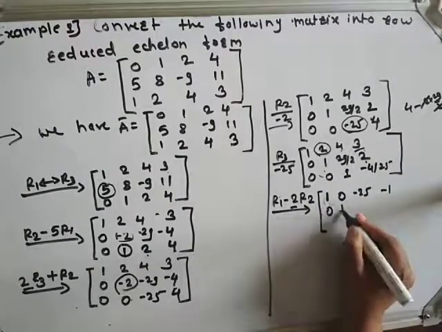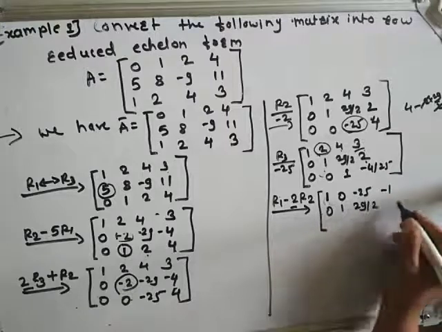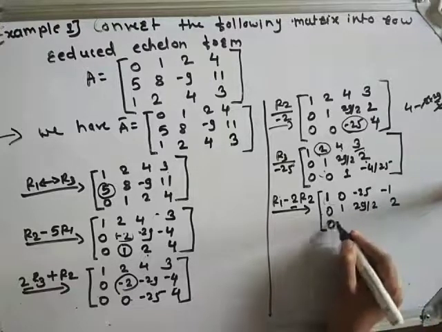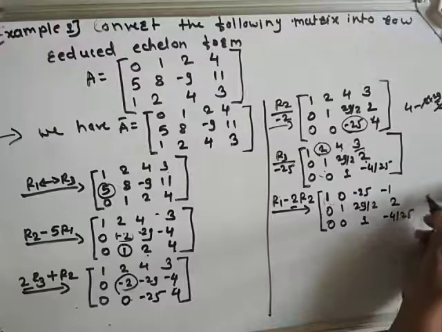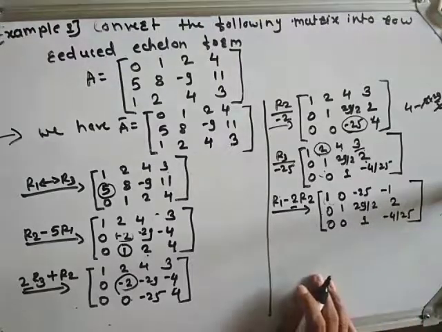Second row is 0, 1, 29 by 2, 2, and third row 0, 0, 1, minus 4 upon 25.